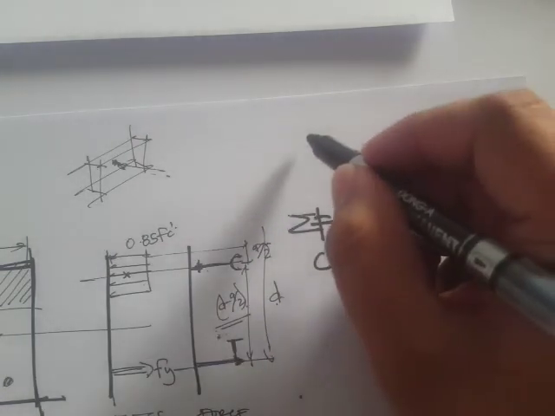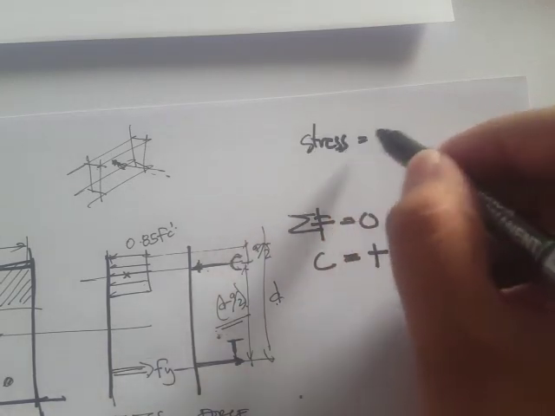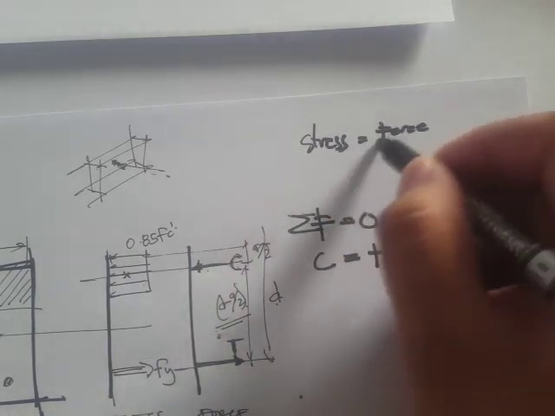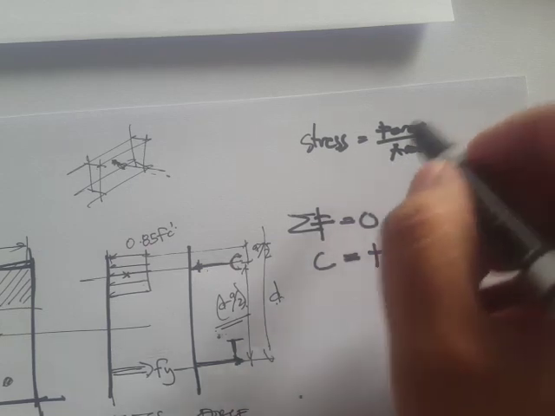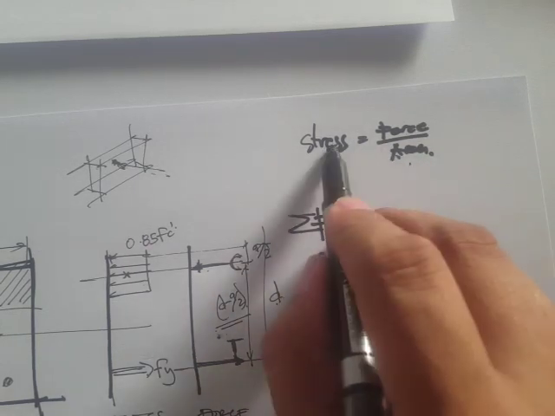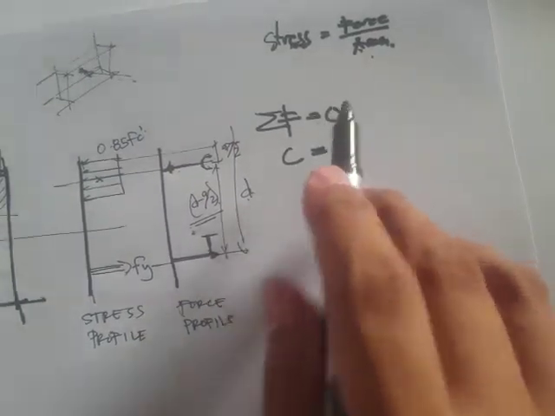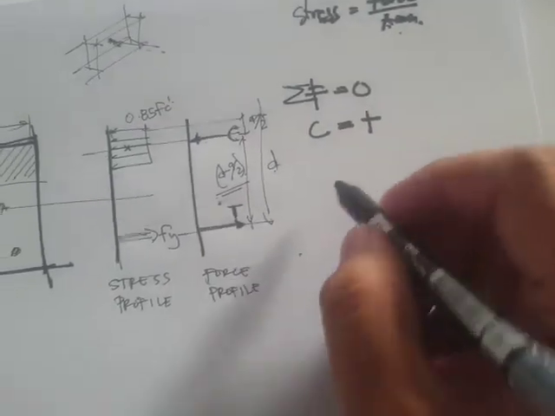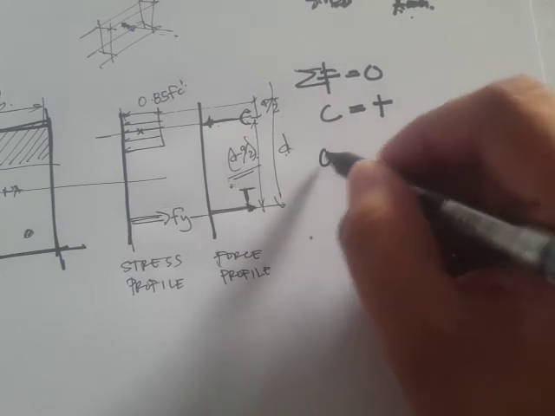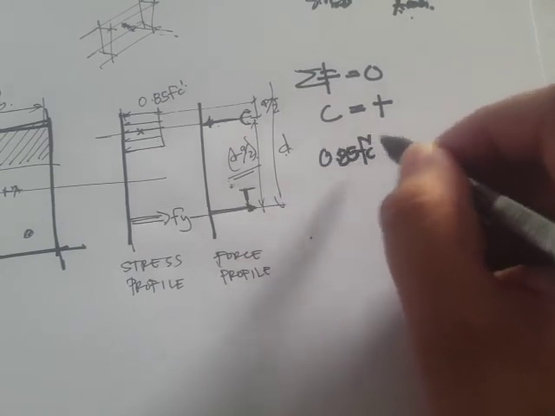So what's the compression force? So again, if you recall, stress is simply force over area. So if we multiply the stress with the area, then we get the force. So what's the compression force? That's actually the 0.85 FC prime AB.